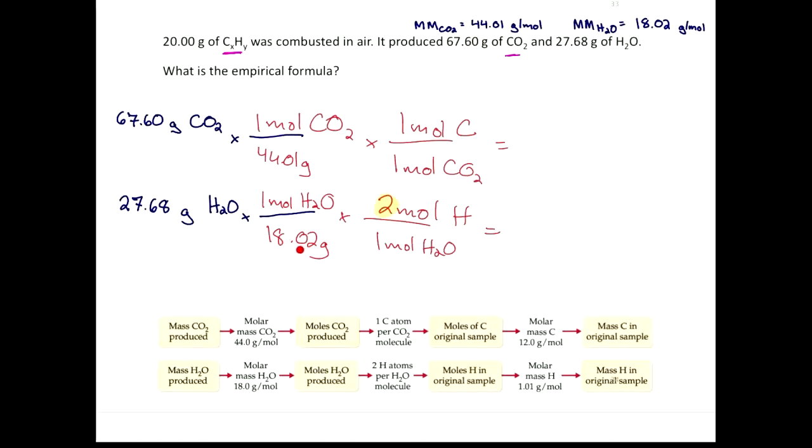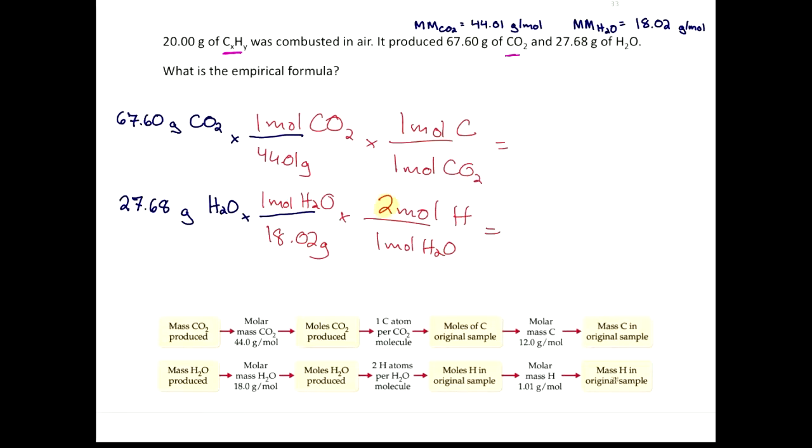So that's why we divide by 18 grams per mole instead of 44 for CO2. And then something interesting here is we need to get to moles of hydrogen atoms. So we have to use a 1-to-2 ratio because there are 2 hydrogen atoms per 1 water molecule, and that's denoted by the chemical formula that you see here.